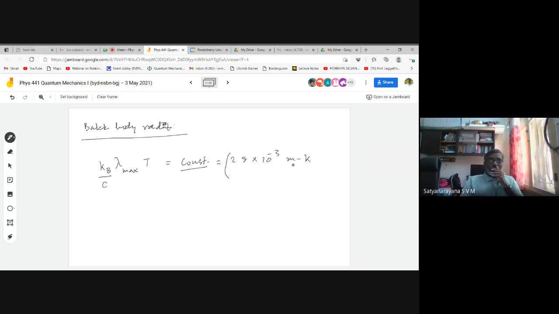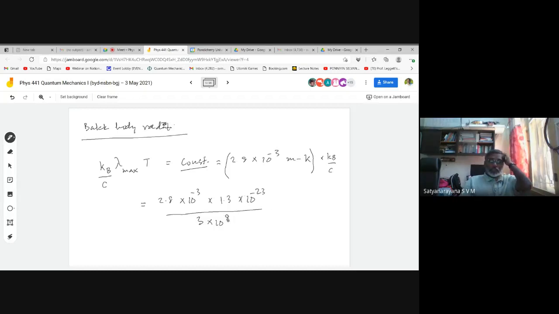So this numerical constant I will multiply with kB. This is equal to 2.8 into 10 to the minus 3 into kB, which is some 1.3 into 10 to the minus 23, the Boltzmann constant, divided by c, which is 3 into 10 to the 8 meters per second.